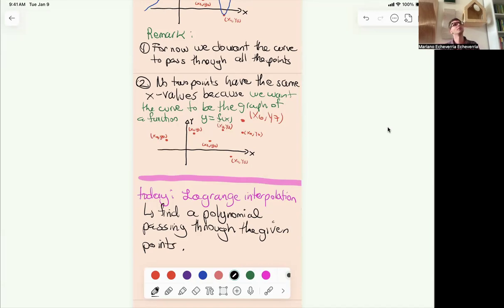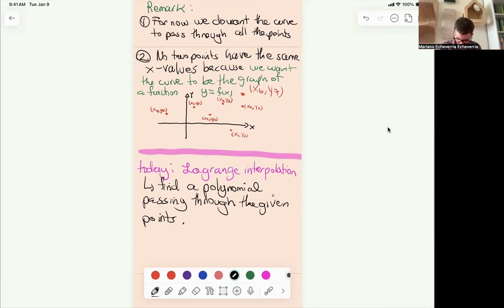Okay. So again, let me give you some quick reminders about polynomials. Some facts about polynomials. And just to get the notation more uniform.